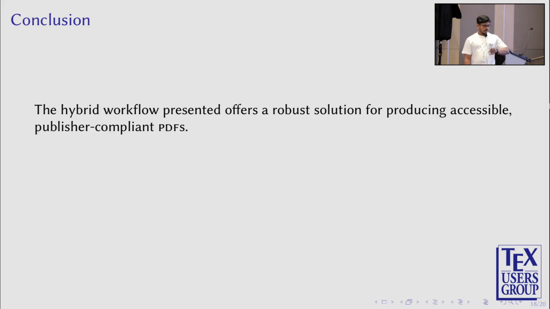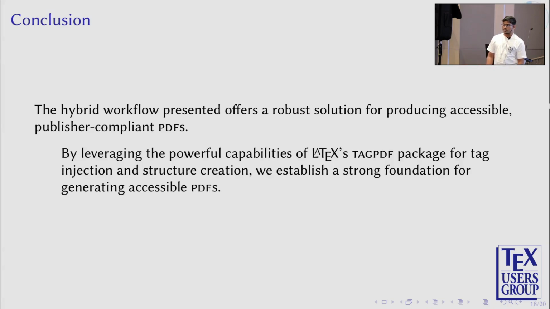So that's the main portion, and coming to the conclusion, as I said before, we have started working on the tag video from 2023 and are still working on that. But currently, at the moment, we are using phase 1, which is quite good, and we can inject more tags in a particular setup, and we establish a strong foundation for generating the accessible PDF.